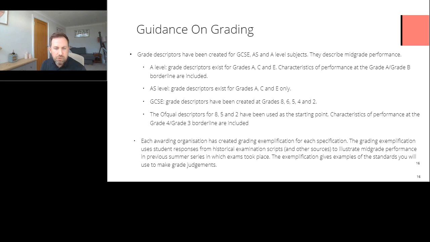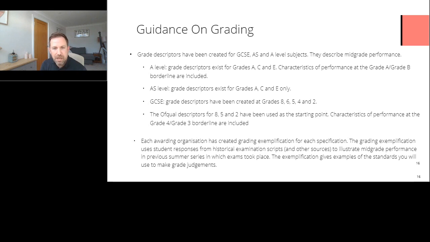So for A-level, we've provided grade descriptors for A, C and E, as well as additional characteristics of performance at the borderline of grades A and B. For AS level, we've used grade descriptors for grades A, C and E only. And for GCSE, grade descriptors have been created for grades 8, 6, 5, 4 and 2.